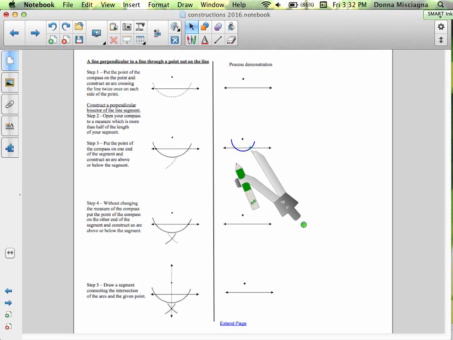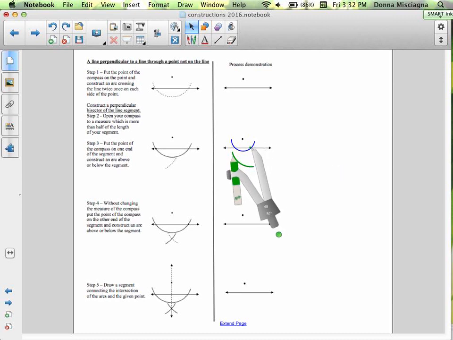So you're going to place the compass and you're going to draw an arc. That arc is always going to be on the opposite side of the point. So in this case, the point is above the line. My arcs are going to be below the line. Generally, the point will be above the line. Just in case it was ever below the line, then your arcs would be above the line. Right? So I'm going to make a nice big arc. Make it a little bit bigger just to make sure.